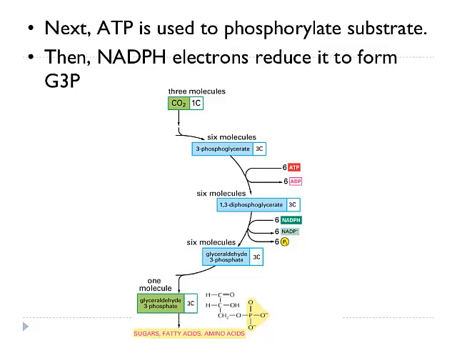And then an electron donor helps to reduce phosphate, leaving glyceraldehyde 3-phosphate. Now this is an important precursor for building very useful macromolecules in the cell.